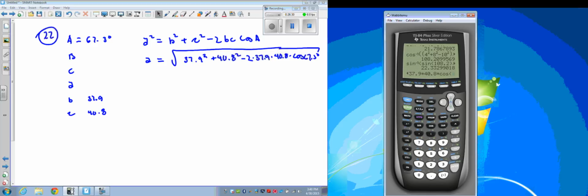Your last decimal was off by 1. I'm rounding out 5 times. Is that what you got? Yep. So we'll put 43.7, and that's A, right?